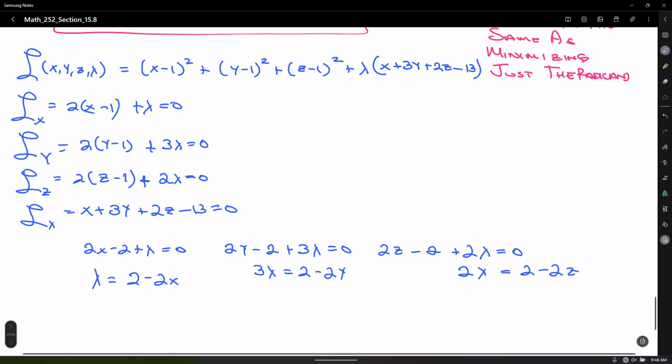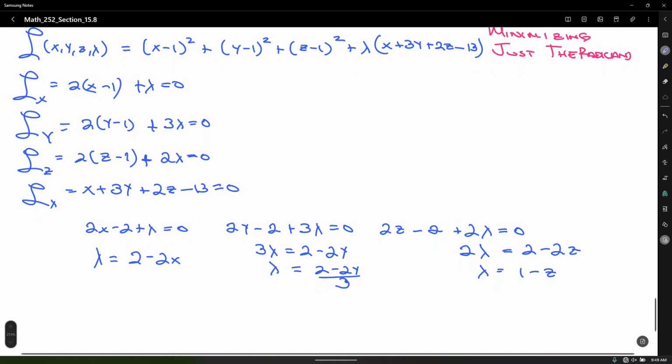Okay, the first one is solved for lambda already. Here lambda equals (2 minus 2y) over 3, and here, how about we divide everything by 2? Because we can. 1 minus z, okay, much better. Alright, again, you have different options to combine the equations pairwise.